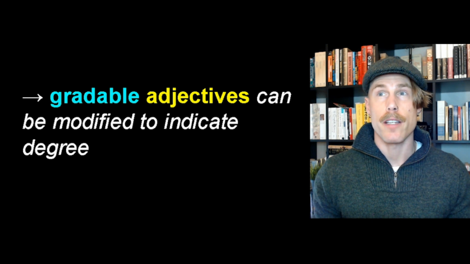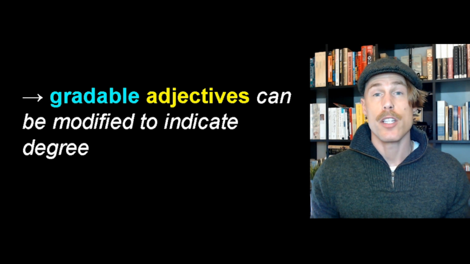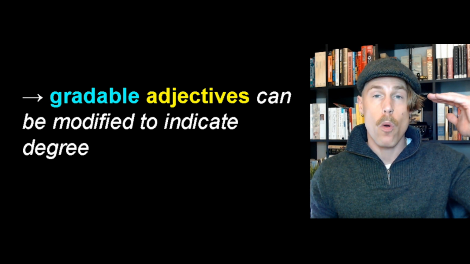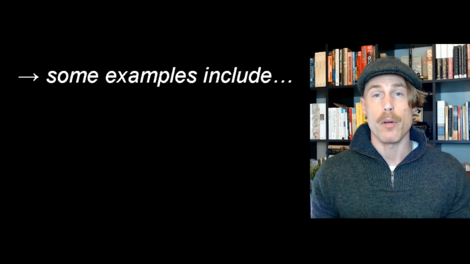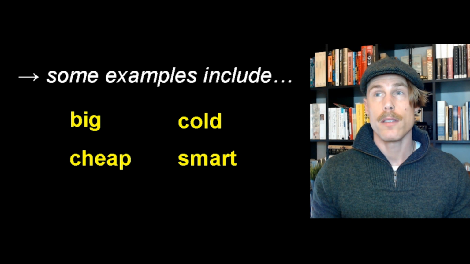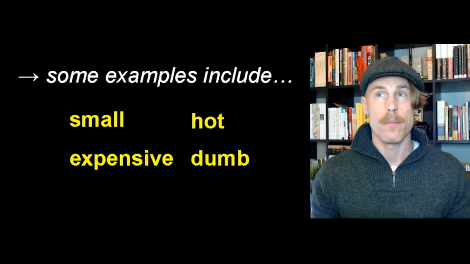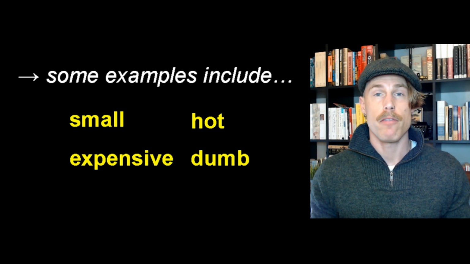Gradable adjectives can be modified to indicate degree, more or less. Some examples include big, cold, cheap, smart, or small, hot, expensive, dumb.